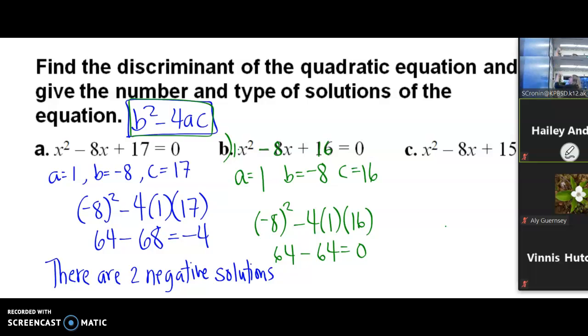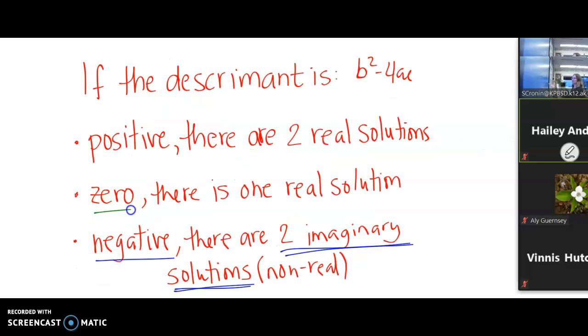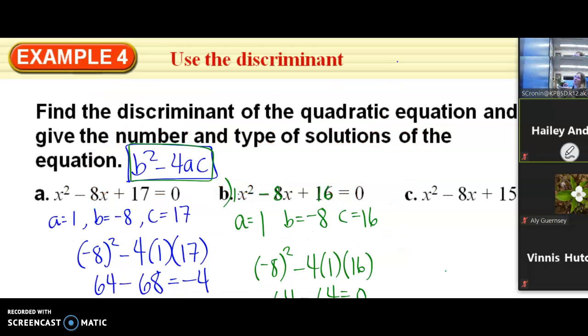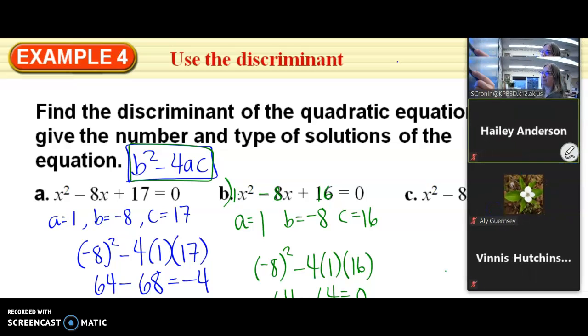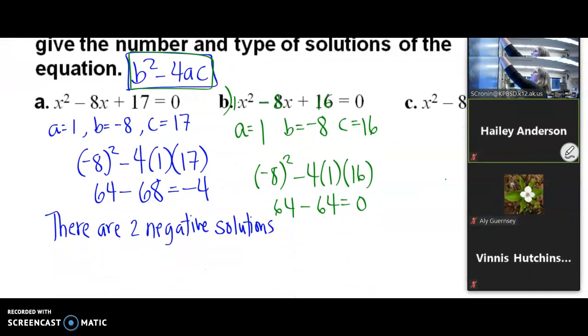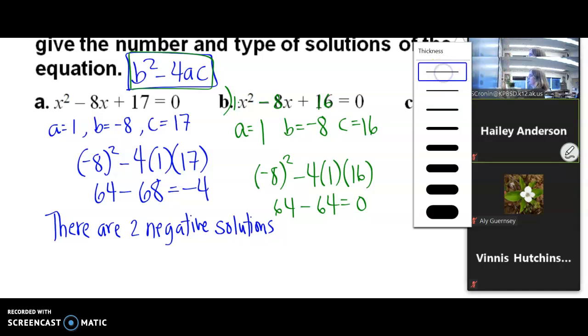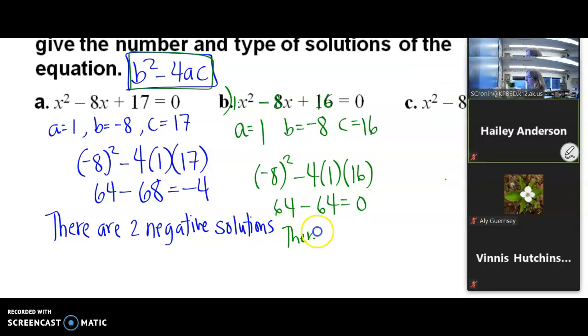So determining the type of solutions when it's 0, there is one real solution, and that means that it just hits the x-axis, and the vertex would lie on the x-axis. That's what that looks like. So there is one real solution.